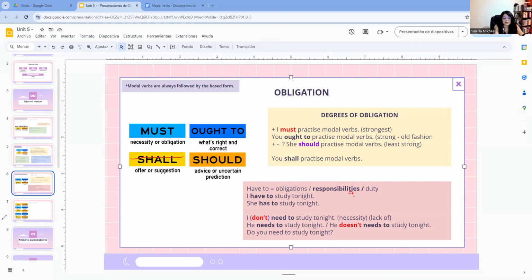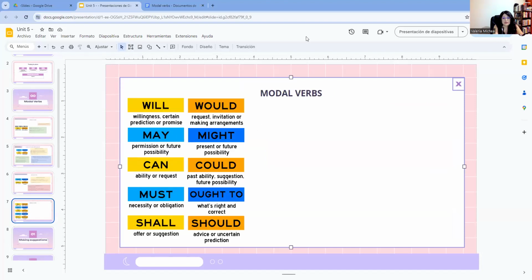So I also told you last class that we are focusing on possibility and obligation. But there are other uses of the modal verbs that we are not paying attention to because if we study all of them, it would be a little overwhelming.